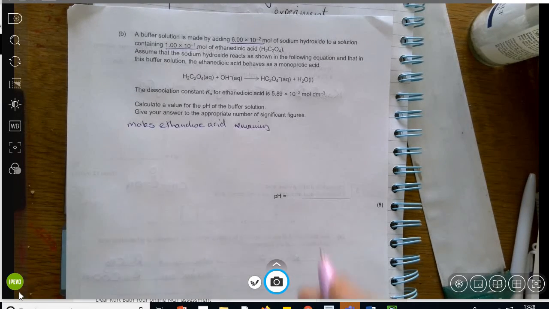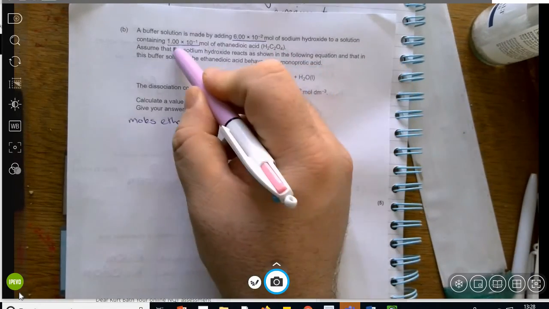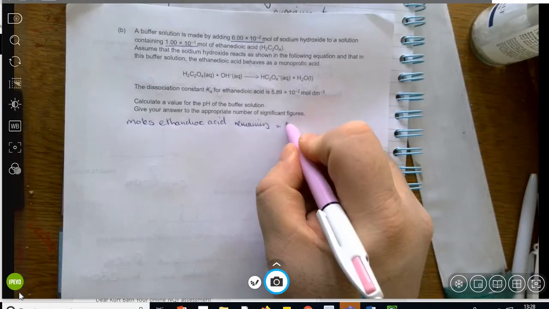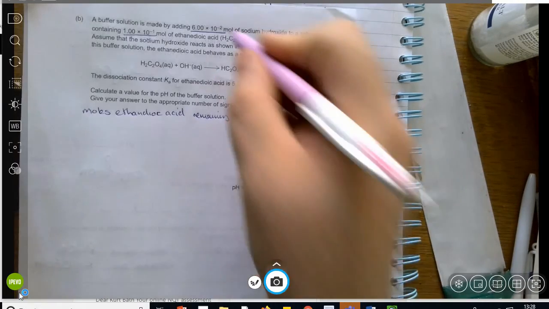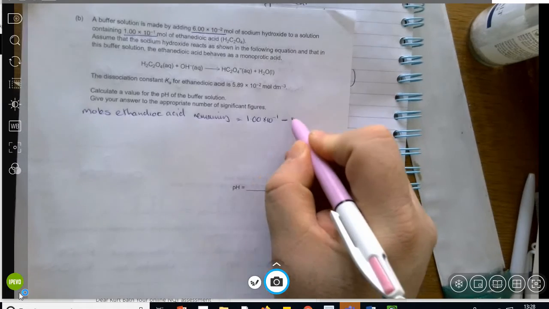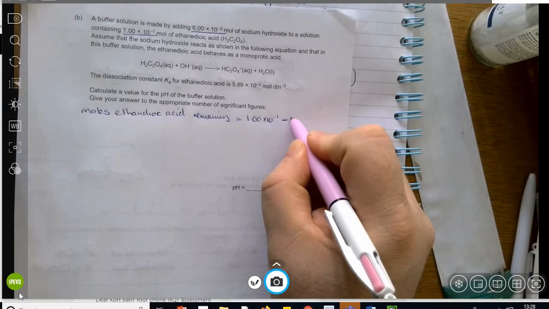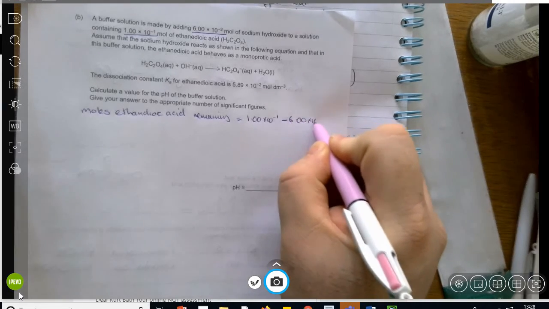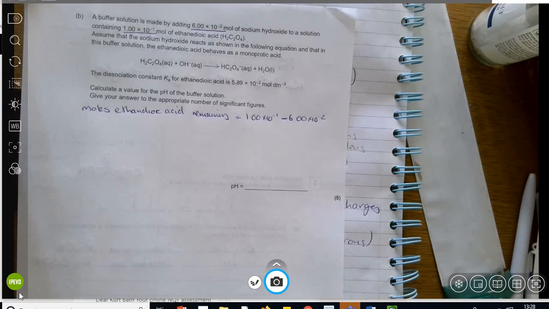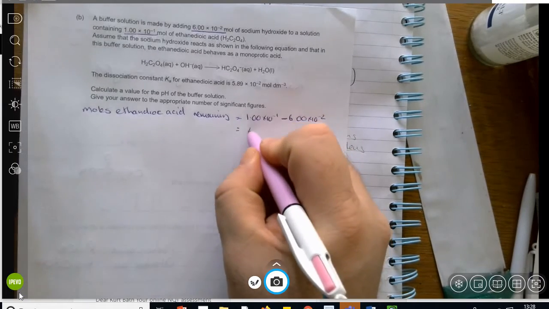Now, the only way you can do that is, that's the amount of ethanedioic acid at the beginning, that's the amount of sodium hydroxide which is going to be taking away some of the H plus ions, so it's going to take away that many H plus ions. So once you've got that, you should be able to work that.